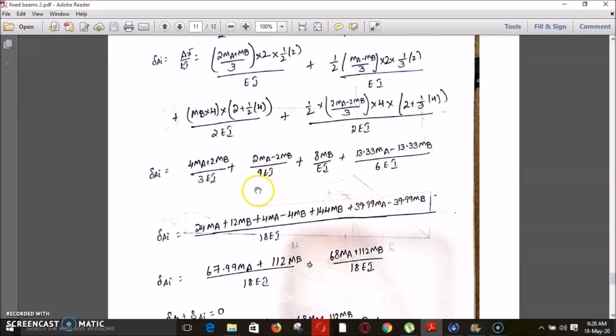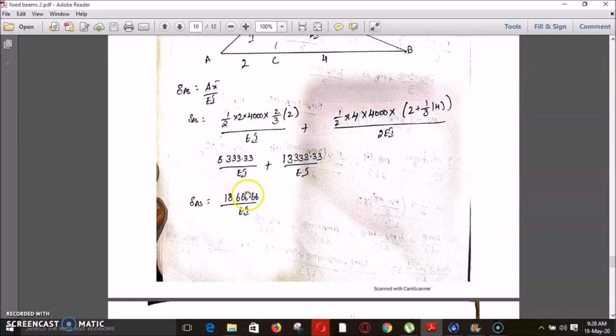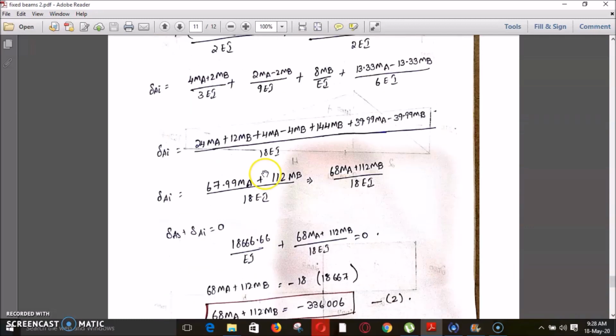Now, taking the LCM and solving it, I got the deflection at A of the fixed case as (68 MA plus 112 MB) by 18 EI. So we had calculated the delta AS value, that is 18666.66 by EI, and the delta AI value is (68 MA plus 112 MB) by 18 EI.